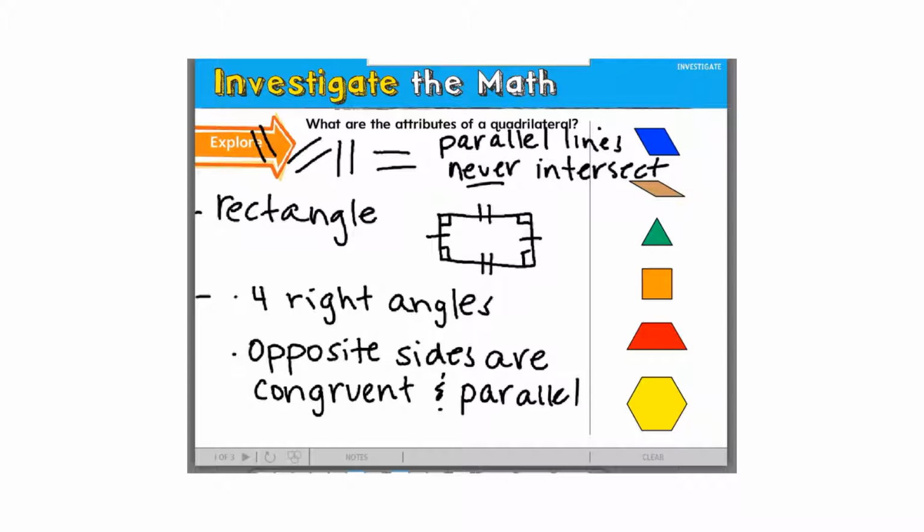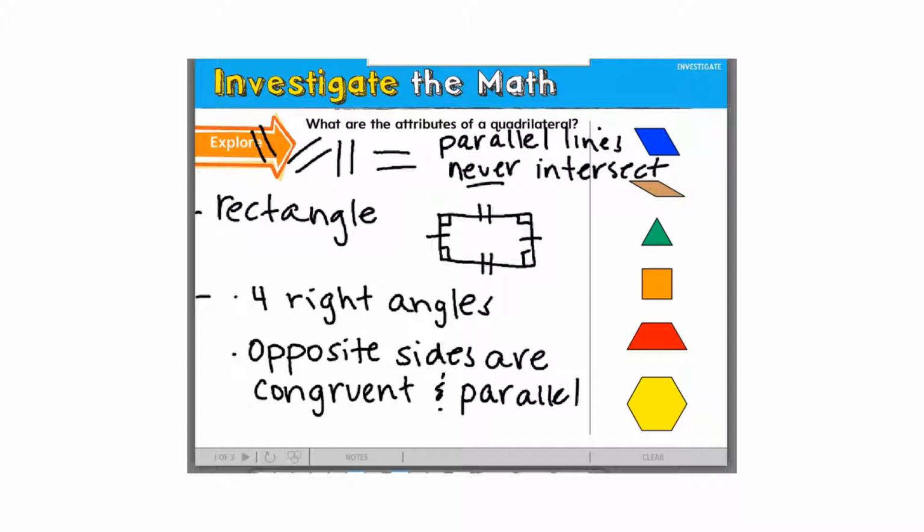So a rectangle, this shape right here, can be called a quadrilateral because it has 4 sides, and it can be called a rectangle because it has 4 right angles and it has 2 opposite sides that are congruent and parallel with each other. Does that make sense?